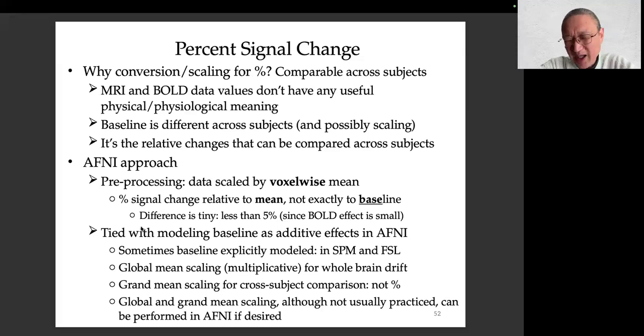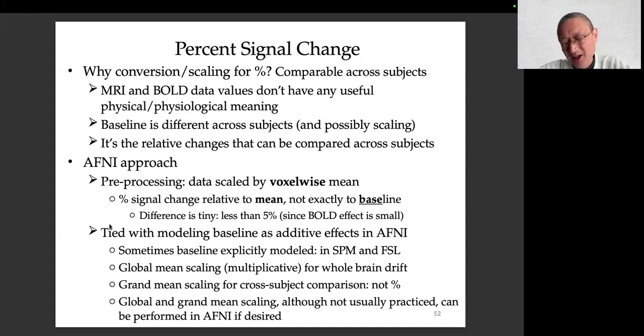In SPM and FSL, the typical procedure is called grand mean scaling. So you divide each voxel's value by the whole brain's average across time and across space. This is probably some heritage procedure from PET data, and we stuck to this procedure.